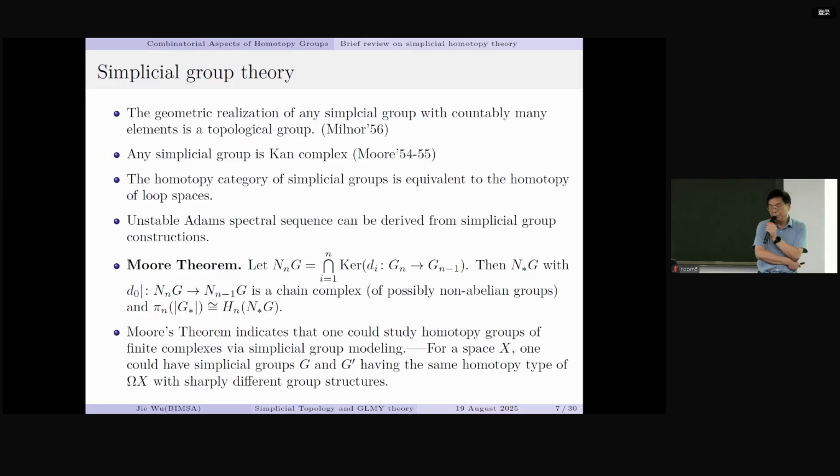For the unstable Adams spectral sequence, actually several people were involved, like Quillen, Dan Kan, Curtis, Bousfield, Rector, and others. They did serious work to establish the unstable Adams spectral sequence. What they do is just take a simplicial set, apply Kan's construction, like looping, to produce a simplicial group, and then you look at the lower central series of that, and that's it.